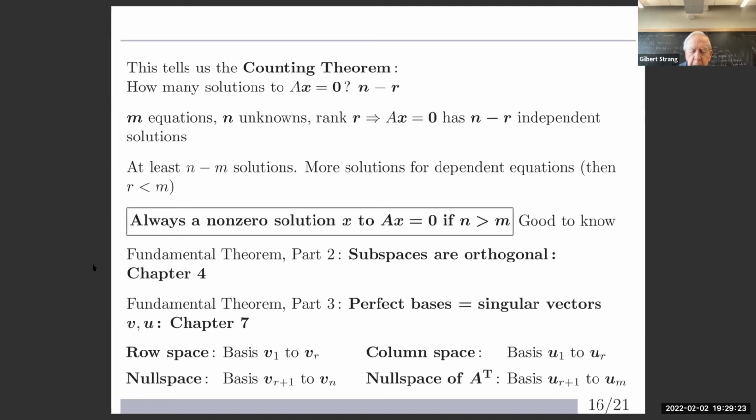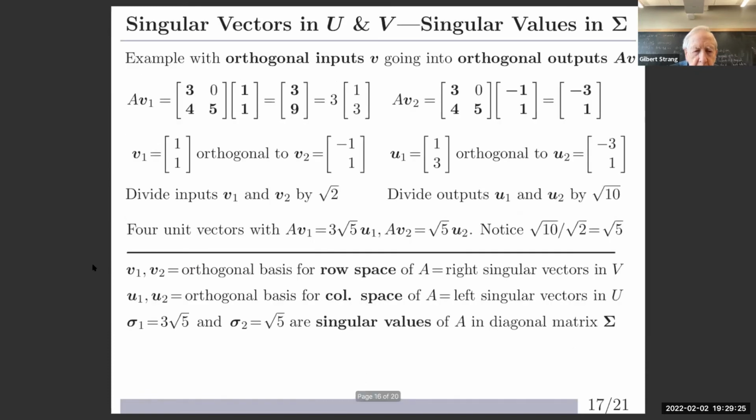So let's look at the next slide. This is a good slide to look at. Look at the equations at the top. You see the matrix A. The matrix A is not symmetric.